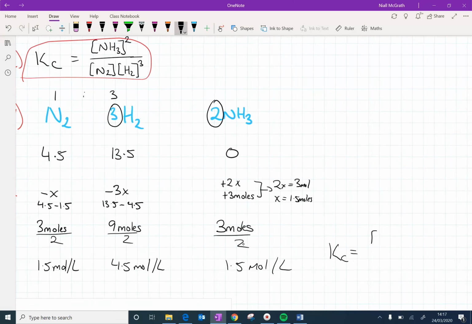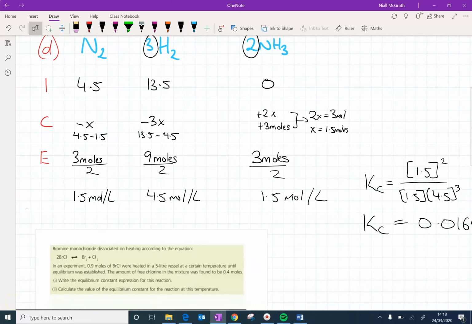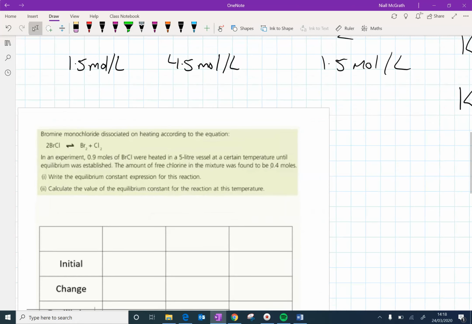So on top we're going to have 1.5 squared, and underneath then we have 1.5 and 4.5 cubed, and that gives you a final answer of 0.01646, and that is your value for Kc. Now we'll go on to our next example, just down here.